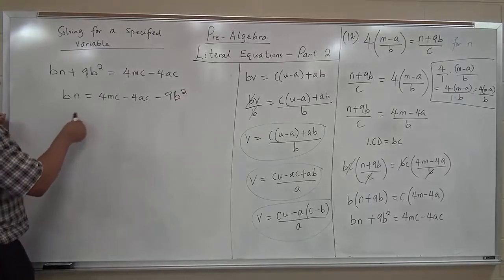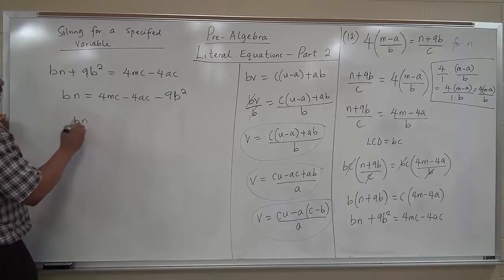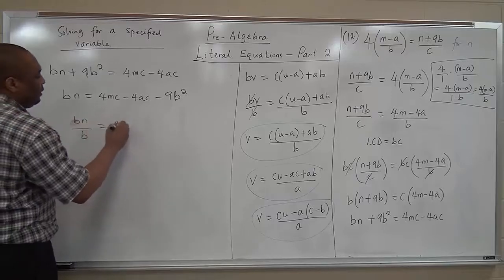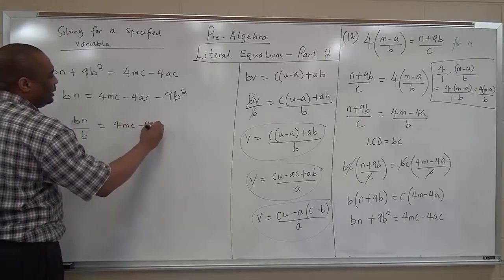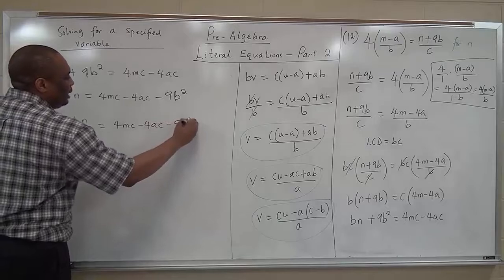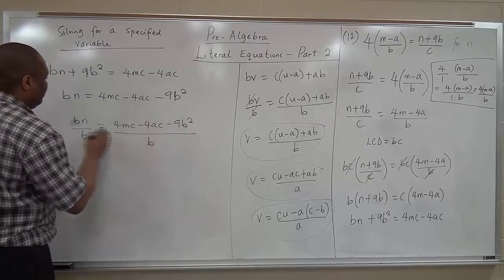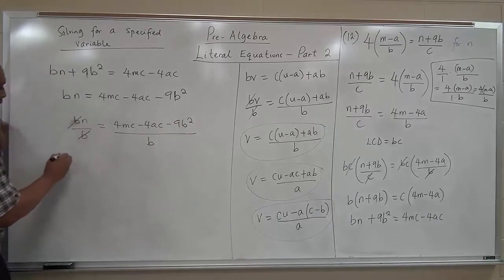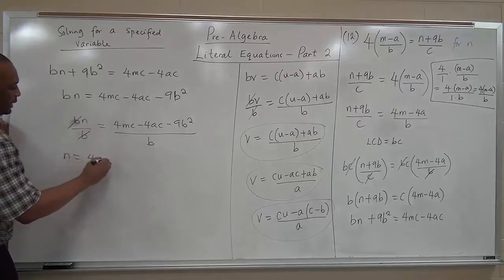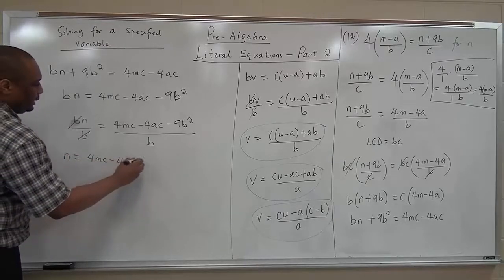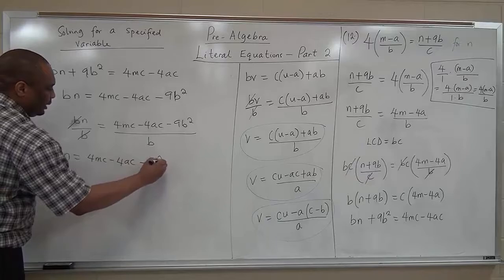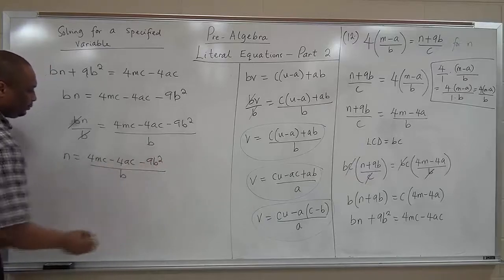We now have bn divided by b is 4mc minus 4ac minus 9b squared all over b. b divides b, so n is 4mc minus 4ac minus 9b squared all over b.